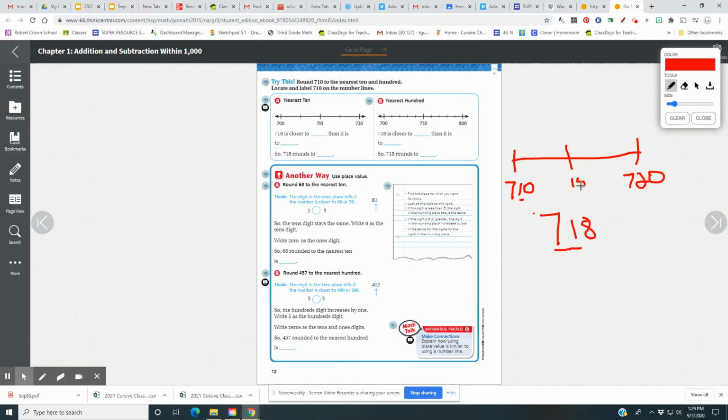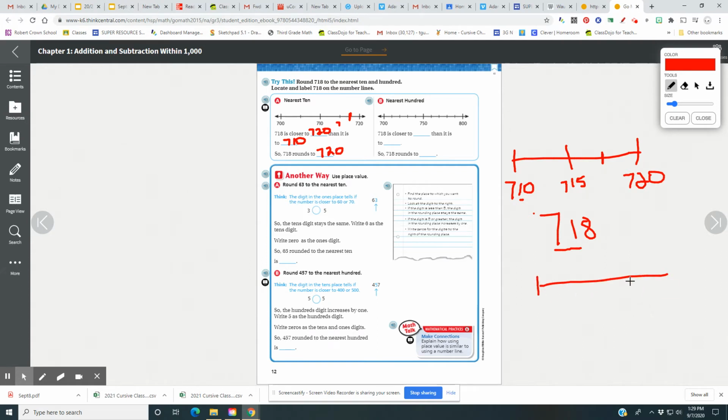What's in between 10 and 20? 15. So I kind of just forget about this 7, and I know that 718 is going to be right about there. So 715 is here. 718 would be here. So 718 is closer to 720 than to 710. 718 rounds to 720.